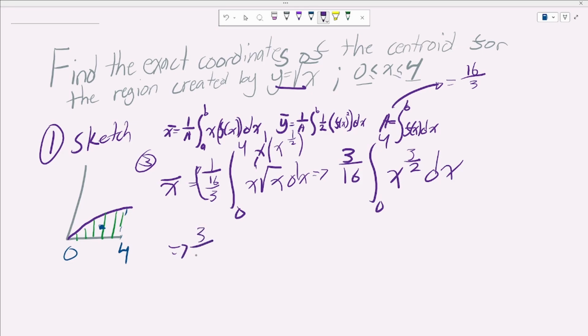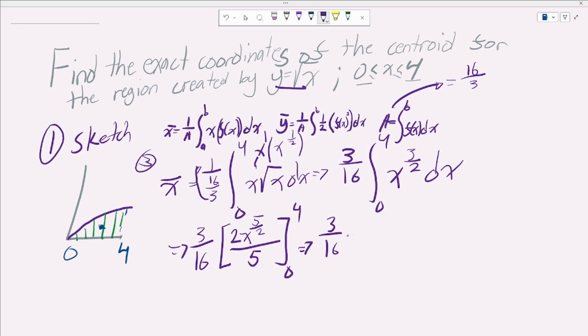We leave our constant on the outside. And if we perform our power rule for integration for x to the 3/2, we'll have x to the 5/2 power, and then here we'll have 2 in the numerator and 5 in the denominator, and of course this goes from 0 to 4.